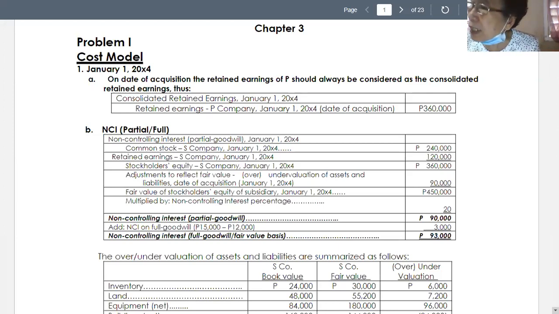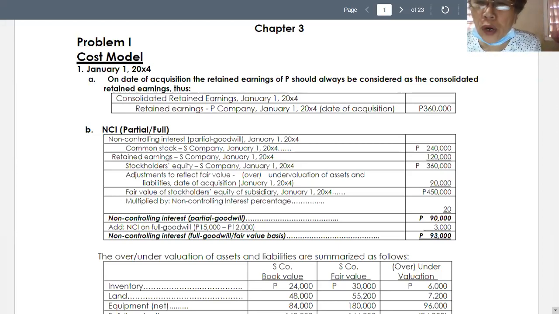Now, the computation of 15,000 is found on the last portion, but anyway, I can give it to you now. How do we compute the 15,000? You do not need to copy because you have this in the solution.